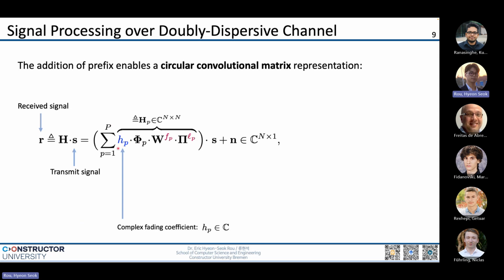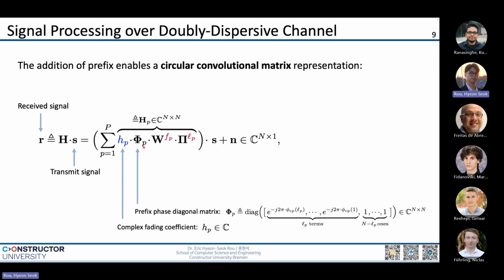The first term is, of course, the summation over the different P paths. Each path is composed of the complex fading coefficient we saw before, and this phase matrix, which composes the additive phase that we saw before. I mentioned that for OFDM and OTFS this is simply 1, such that for these two waveforms, this prefix phase diagonal matrix is simply an identity matrix. Then we have what is called the roots of unity diagonal matrix.